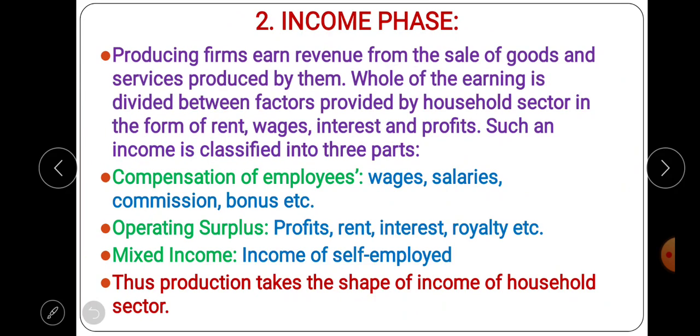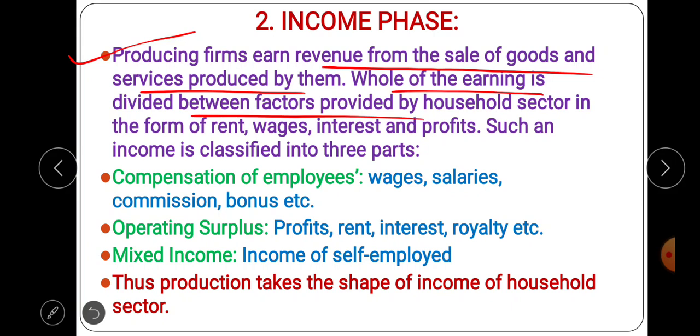Okay, then the second one, that is the income phase. The producing firms earn revenue from the sale of goods and services produced by them. So in the income phase, the firm is going to earn revenue by selling their goods and services to the households. So the whole of the earning is divided among the factors provided by household sectors in the form of rent, wages, interest and profits.